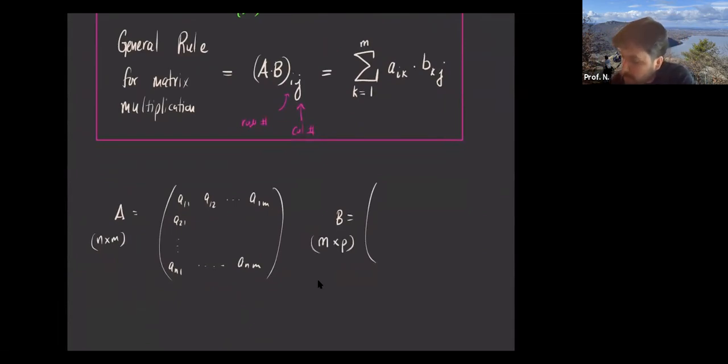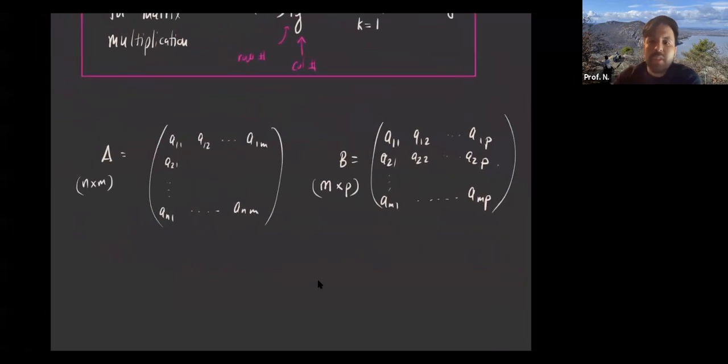Then this would be what? This would be B1,1, B1,2, all the way to B1,p. This is B2,1, all the way down to Bm,1. This goes all the way to Bm,p. So again, I'm generalizing this now.